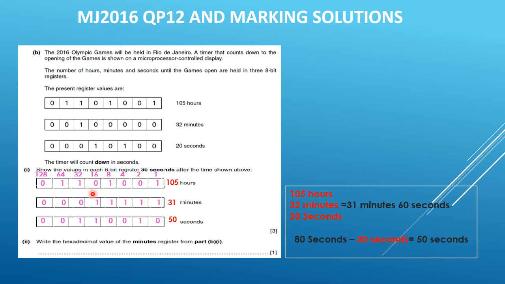Now in the second part, it asks us to write the hexadecimal value of the minutes register from part 1. The value of minutes was 31. So if we take the binary value of 31 and divide it into groups of 4 bits, we get 2 groups.